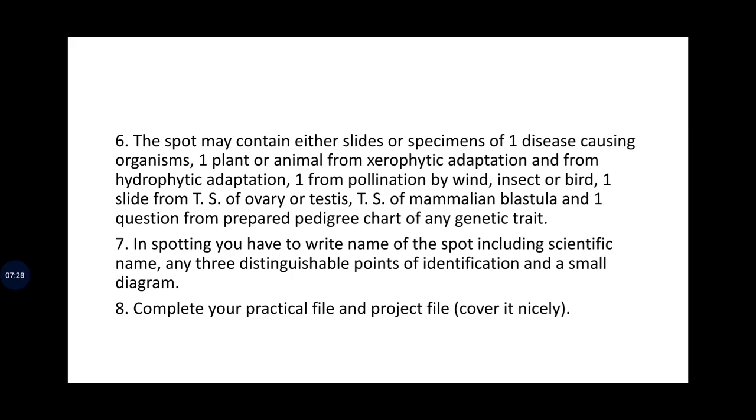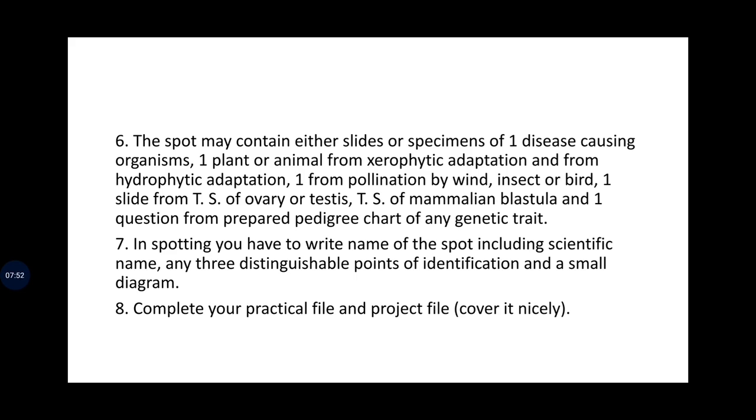The next point I want to tell you is that while you are writing your spotting, first of all you have to write the name of the spot and try to highlight it, so that the examiner may see it. If a scientific name is there, you have to write the scientific name also. If you are writing about any plant or animal, you have to write the scientific name.